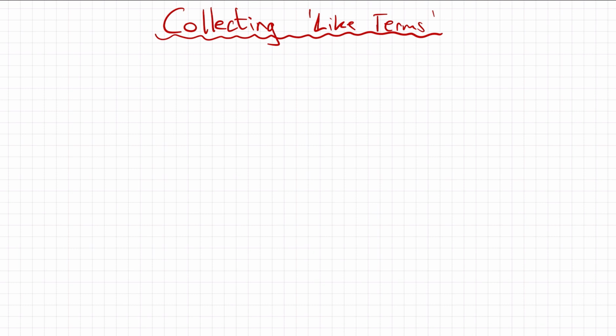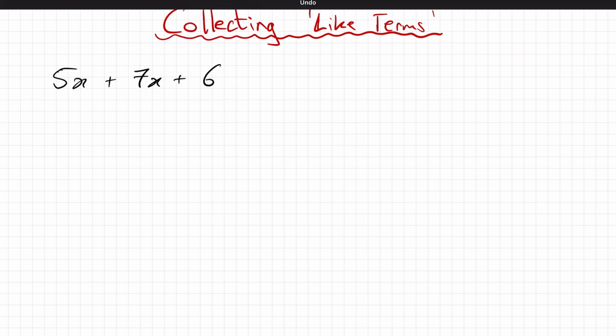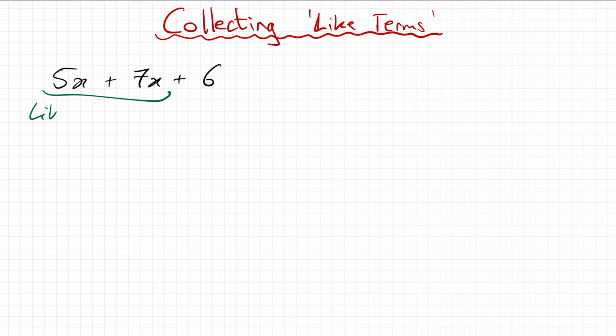So here's an example. Let's say we have an expression 5x plus 7x plus 6. In this expression, we can see these are like terms, right? Because they're both multiples of x.